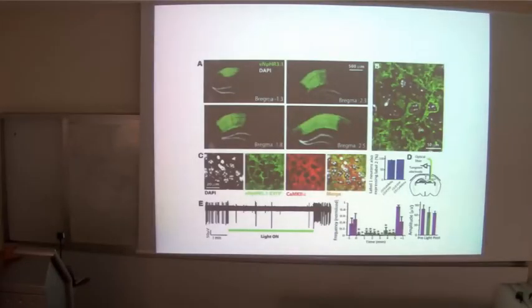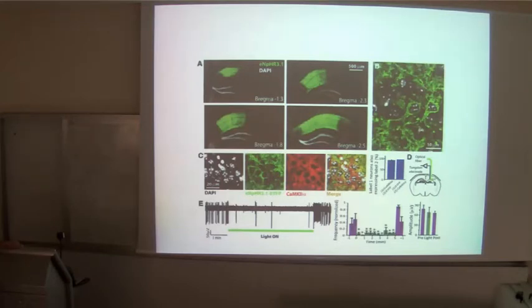So this is what's being done here. What you see here is you inject a virus and you transfect the CA1 region of the hippocampus with a virus that has what we call halorhodopsin. Halorhodopsin is an optogenetic tool to hyperpolarize a neuron when you activate it with a yellow light.